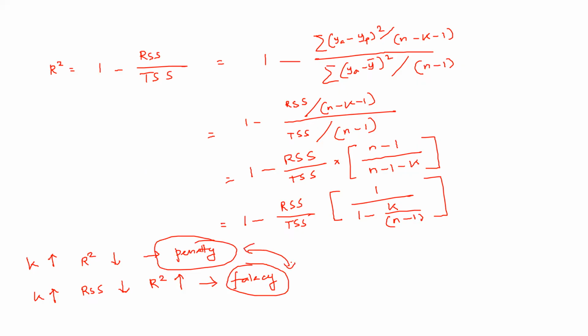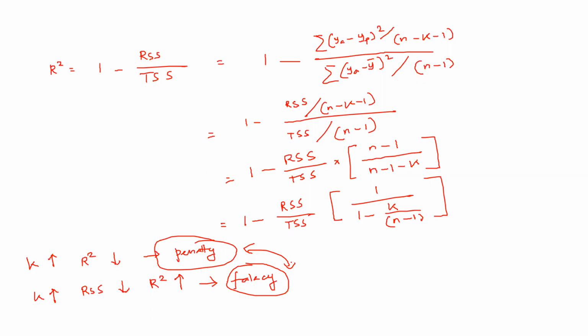On one side, by increasing a variable inside your model, you will increase the penalty. On another side, as you increase the variable in the model, the RSS will come down. So you will only include such variables in your model which will reduce RSS so much that it will be higher than the penalty.